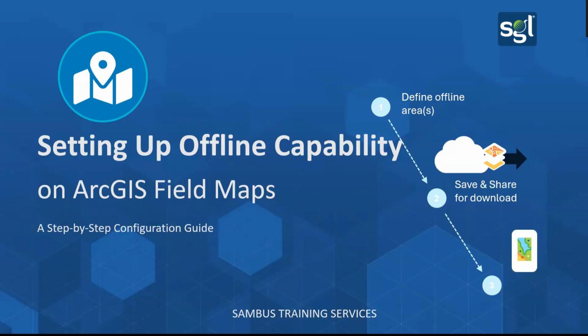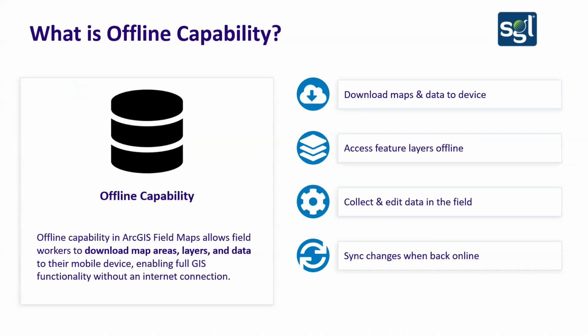Users can configure their application so that whenever they are not in a connected environment, they are able to capture data. And when they get back to a place where there is internet connectivity, they can actually sync those data sets.